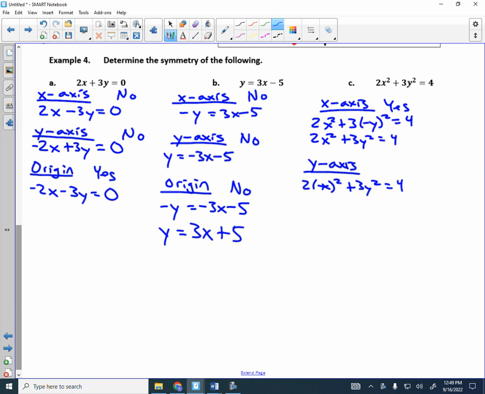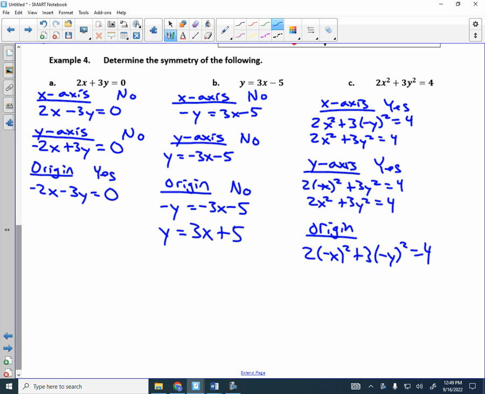And lo and behold, we get a positive 2x squared plus 3y squared is 4. So yes, it's symmetrical about the y-axis. And how about the origin? Yes, because 2 times negative x squared plus 3 times negative y squared is 4. Those will all go away. 2x squared plus 3y squared is 4.